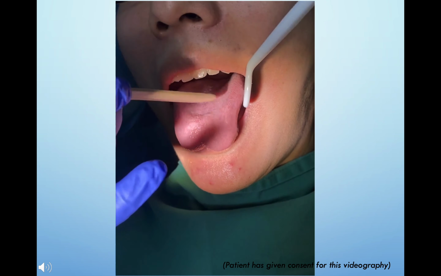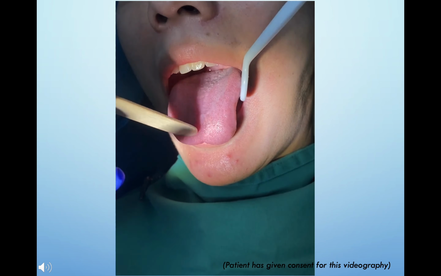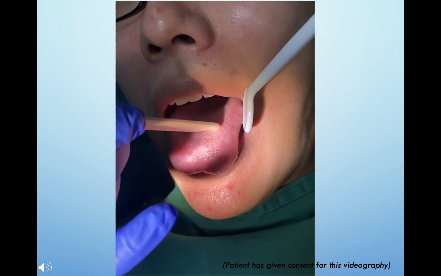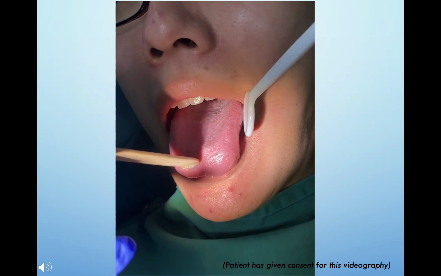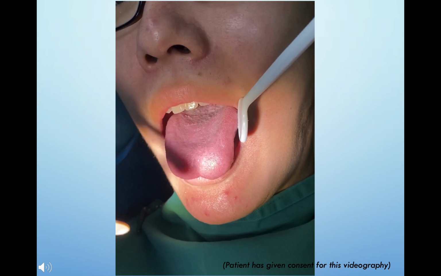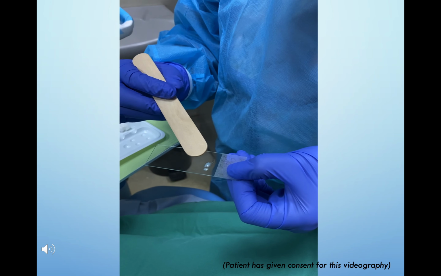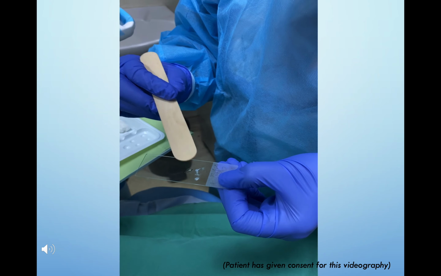This patient is having burning sensation over his dorsum of tongue, so a tongue depressor is used to gently scrape his dorsum of tongue. Then the exfoliated cells will be spread onto the slides.